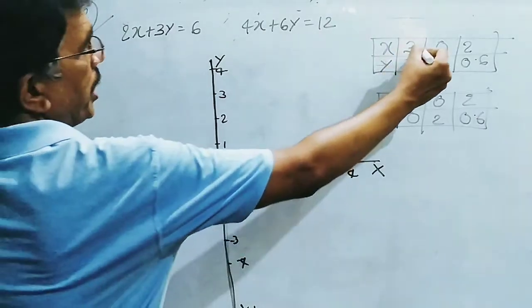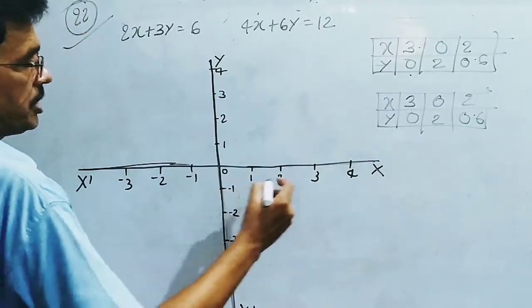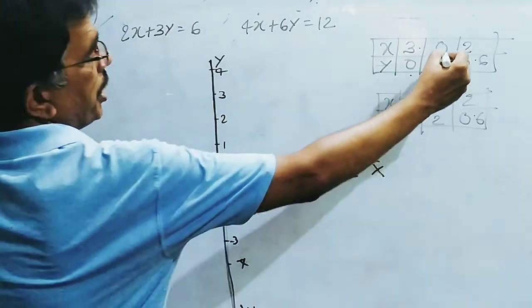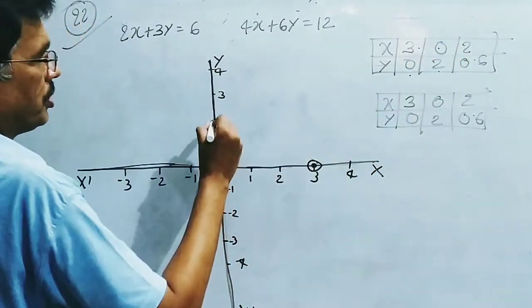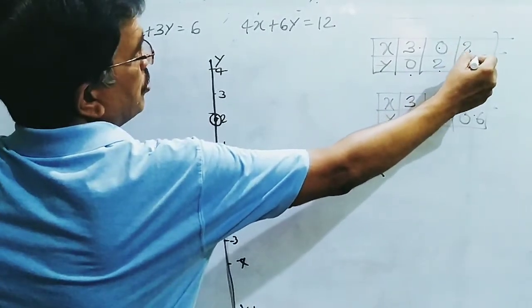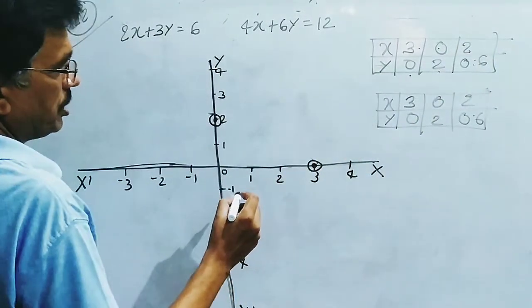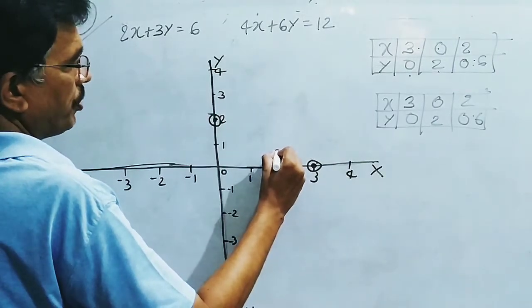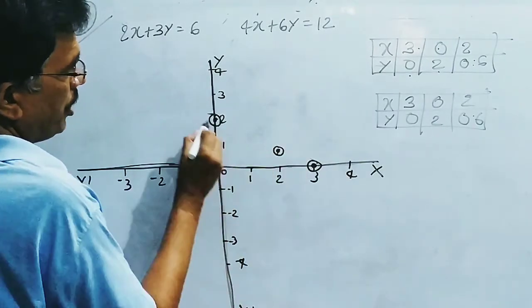Now your question: x is 3, y is 0. That is here. Next, x is 0, y is 2. Here. And third, x is 2, y is 0.6, approximately here. And draw a line.